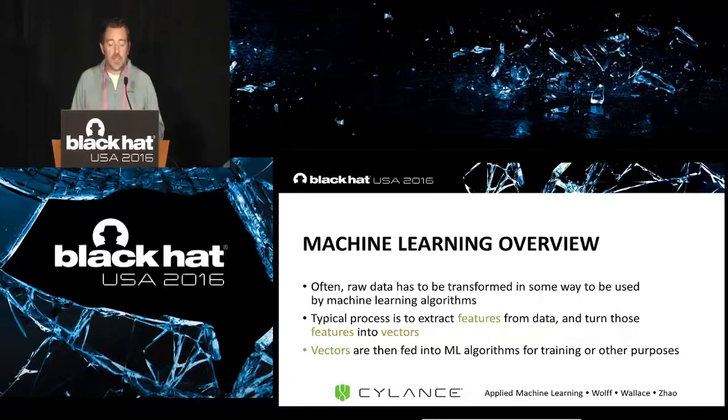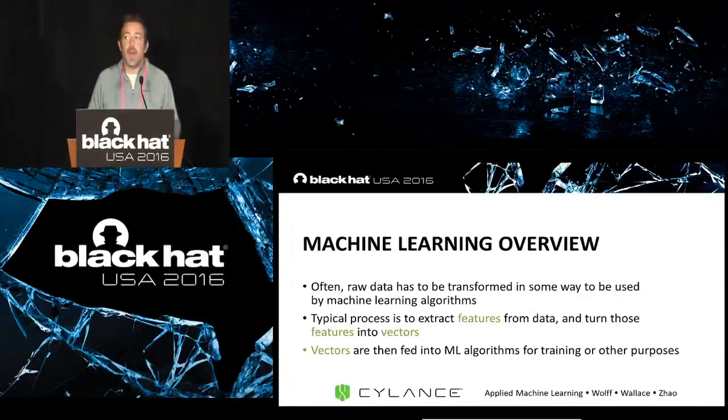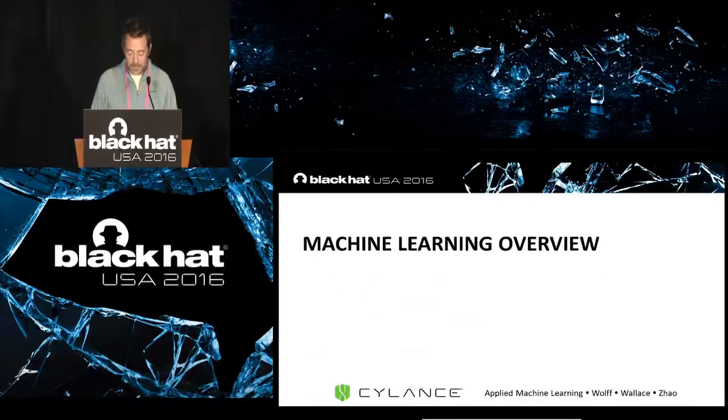You write something to pull those features out, and then you have a process of turning them into vectors. I call it vectorization; there are probably other terms for that as well. Basically you extract some features from whatever data you have, and you turn that into some numerical representation that you'll use. We'll go over this in some of our examples, and you can reference our released source code that shows how you can turn your raw data into a format you can start using for machine learning.